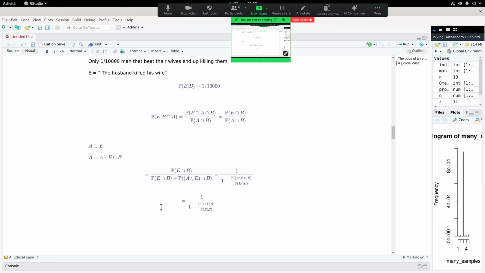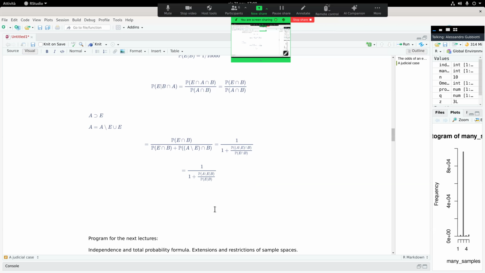Now, how can we estimate the term below? We need to estimate only... we know an estimate for the probability of E given B, because the defense provided us with it.